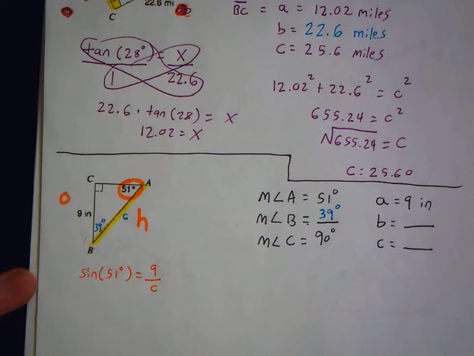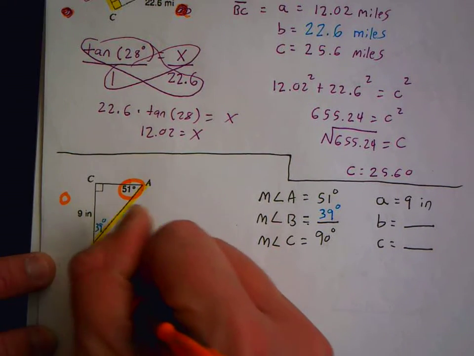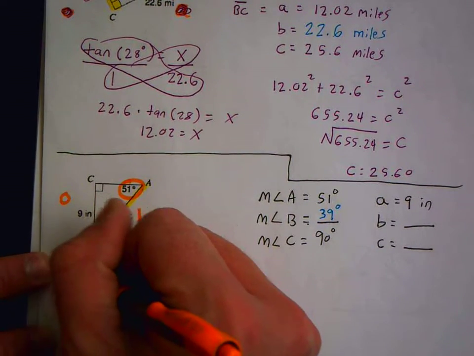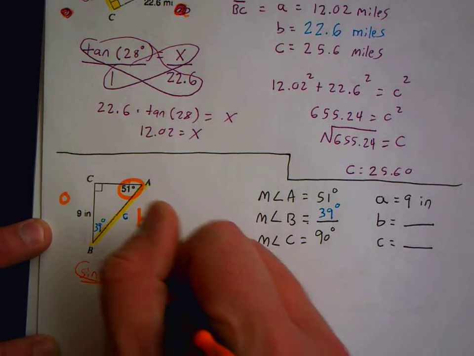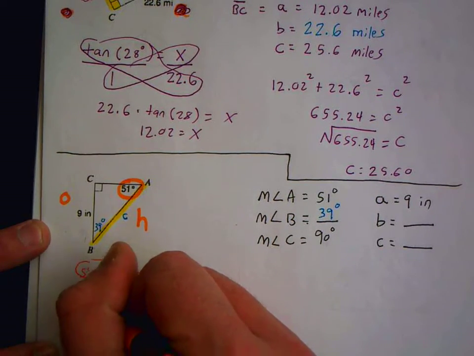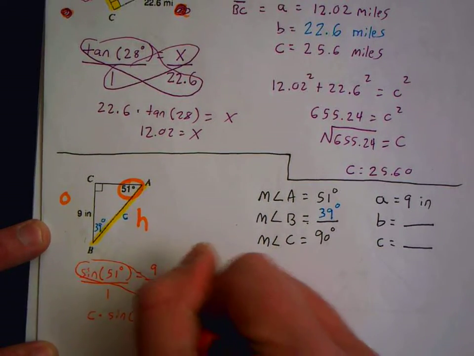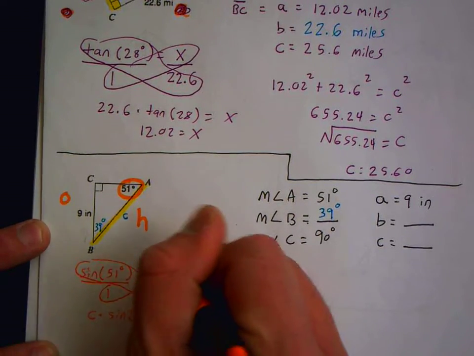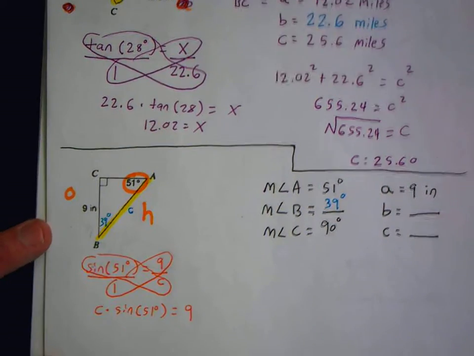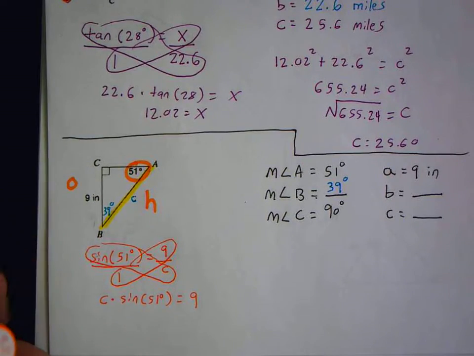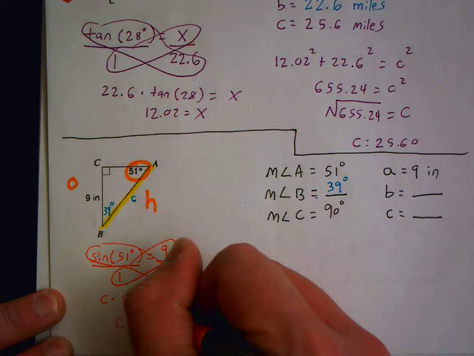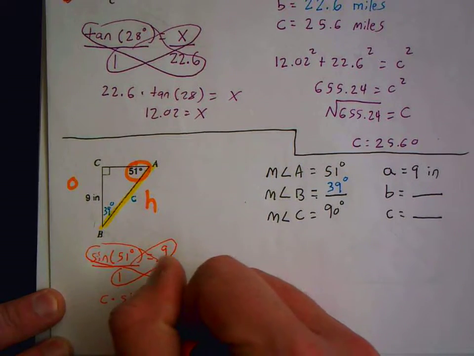I labeled that as C. Cross multiply. And I get C times sine of 51 degrees equals 9. To solve for C, divide both sides by sine of 51 degrees.